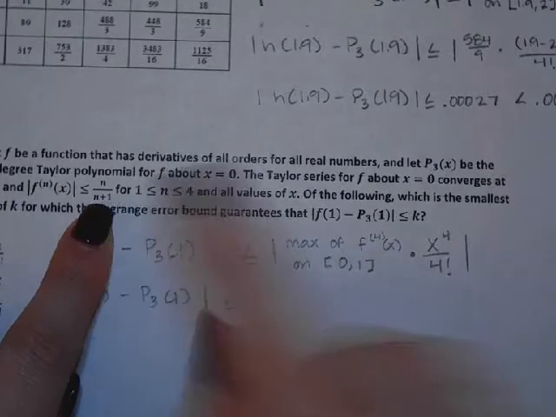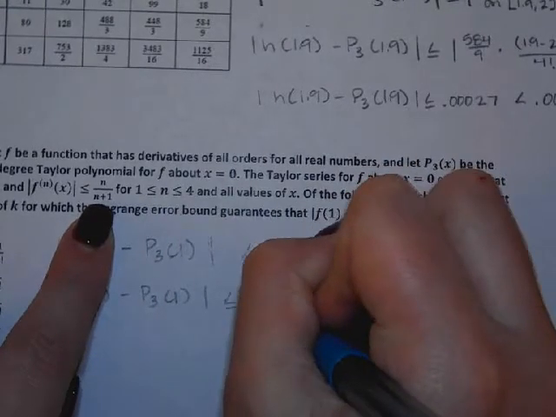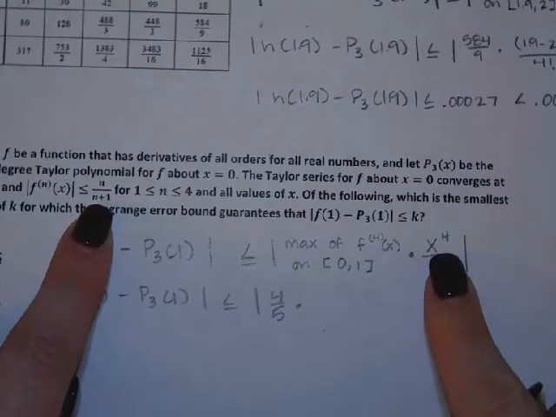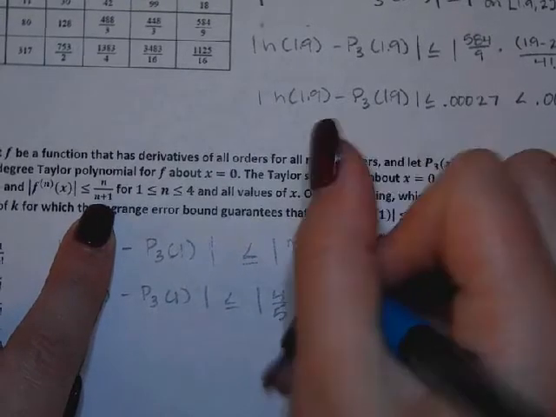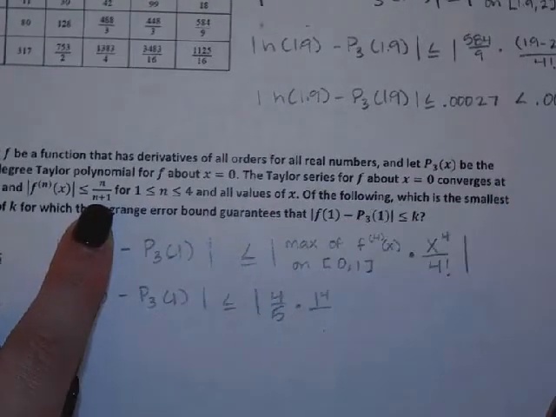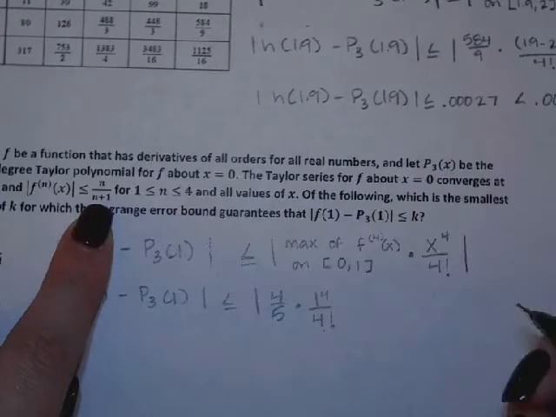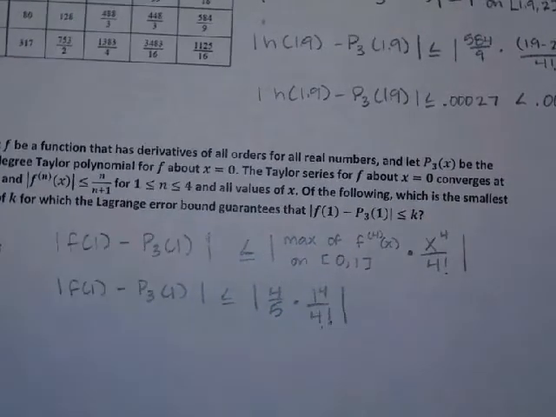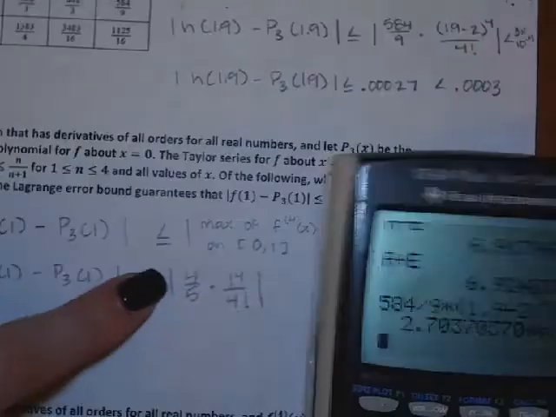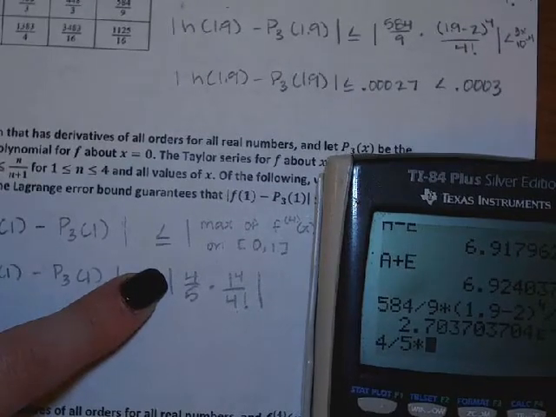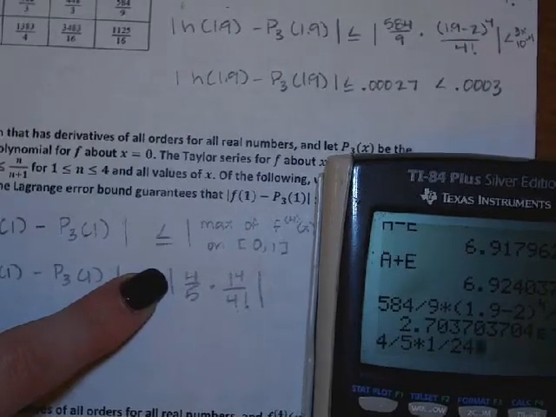Plug in 4 and we get 4/5 times, and then what are we plugging in for x? 1, because that's what we're approximating. That's not 14, that's a 1 to the 4th. It's just very hard to write. I'm just going to do 1 over 4.